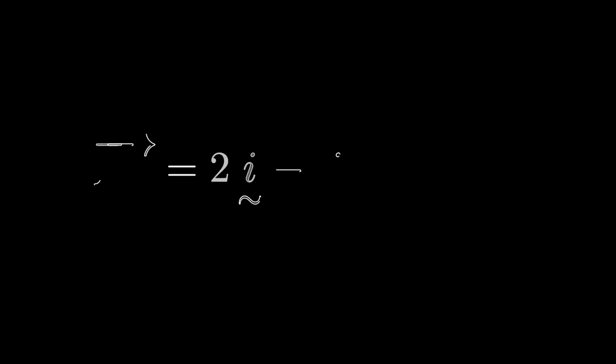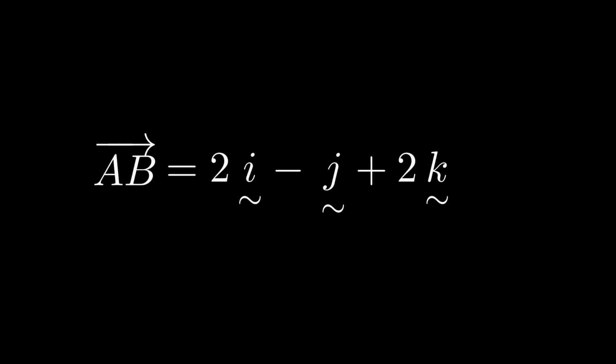Let's do an example where we have vector AB, which is equal to 2i minus j plus 2k. Let's say we wanted to double the length of vector AB, we would write 2AB. If we wanted to halve the vector AB, we would write 0.5 in front of it.